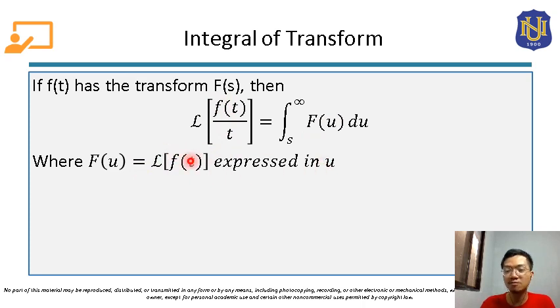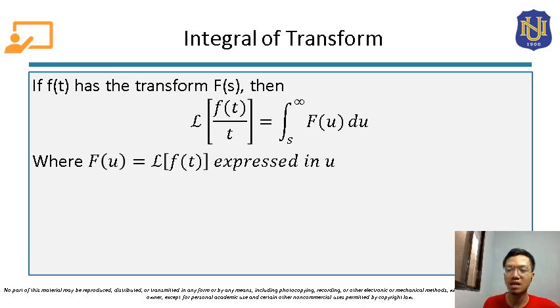So instead of expressing it in the frequency variable s, we will express it in u. We will integrate this F of u with respect to u, and we will evaluate this from s to infinity. That's just the condition for this: our given should have a 1 over t in the general f of t.